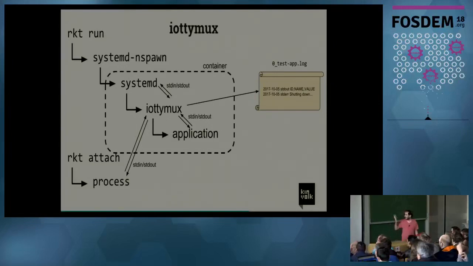You have systemd inside the container that starts the iottymux component, and then the output of the application is connected to iottymux, and that's written to that file there. And that's a simplified version of the format for the CRI logs: it's just a date, the stream type, and then the log line. This also allows us to attach to the input and output of the application, which was not possible before. So it allows us to implement something like rkt attach.